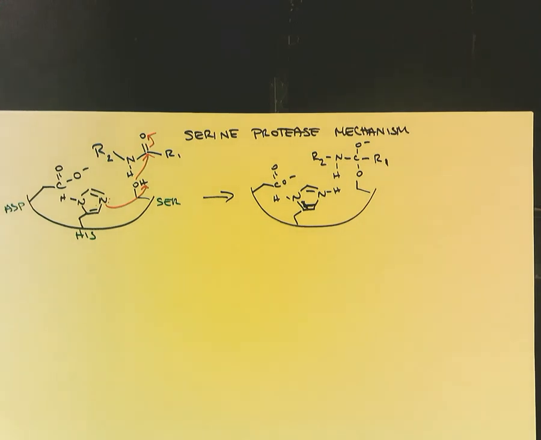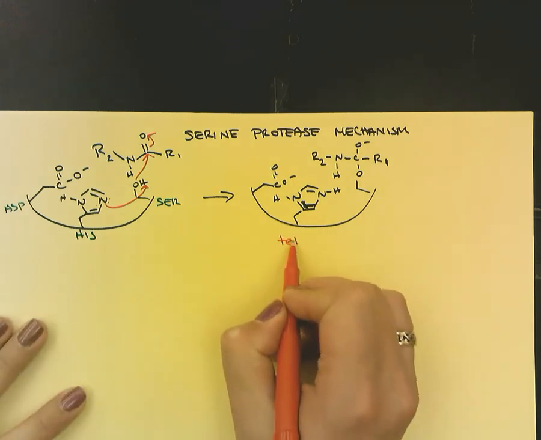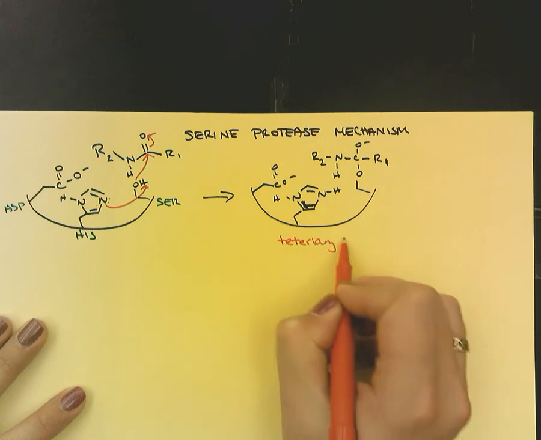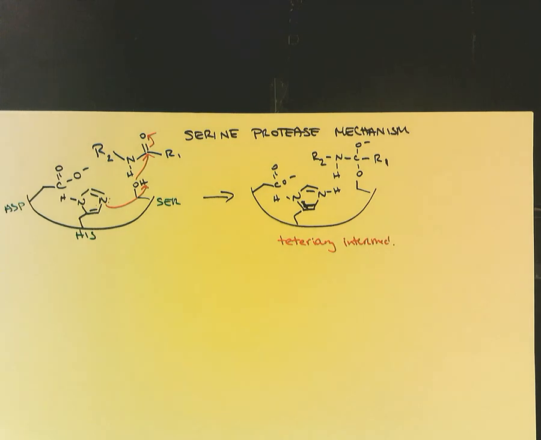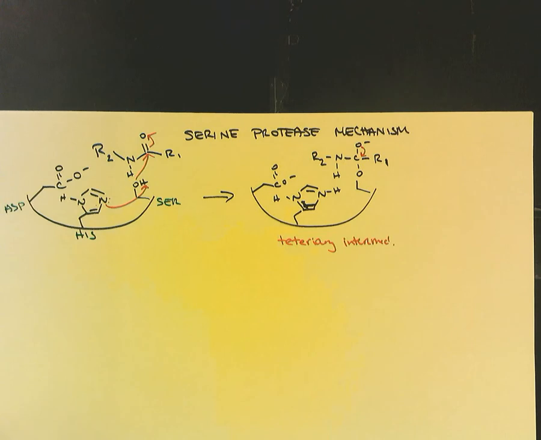All right, so we've made our new bond on serine. At this point, we're going to make a tertiary intermediate, and we're going to do this with this full-on negative charge. It's going to collapse onto that carbon, so now it's ready to push those electrons someplace else.